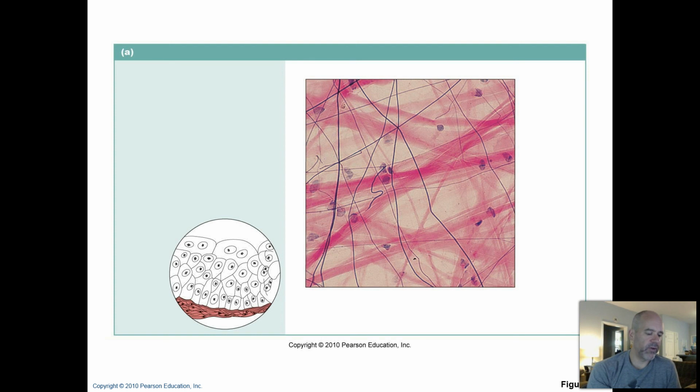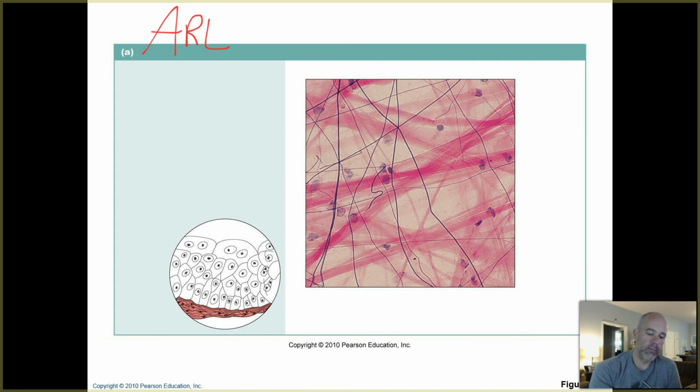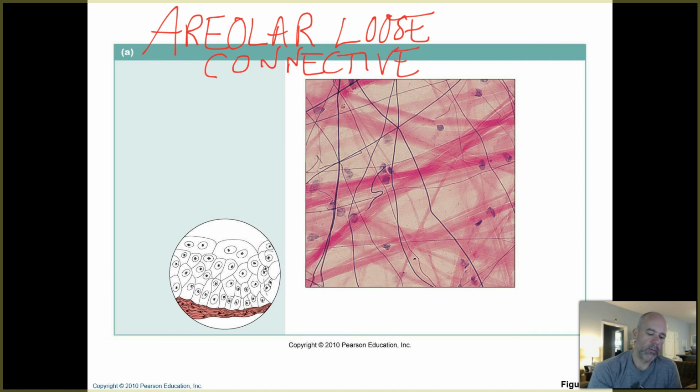All right, how about our next tissue diagram here? So those were the two types of dense connective tissues we wanted to take a look at. This is an example of a loose connective tissue, and this is called areolar. All right, and where you would find this, what they're showing you here, this is actually transitional epithelium.